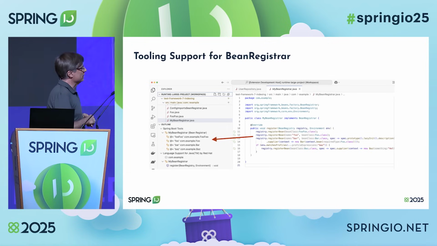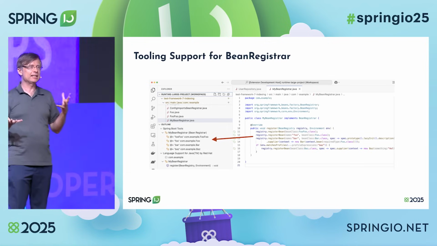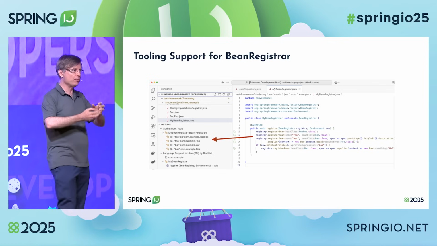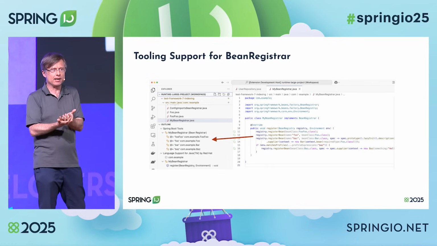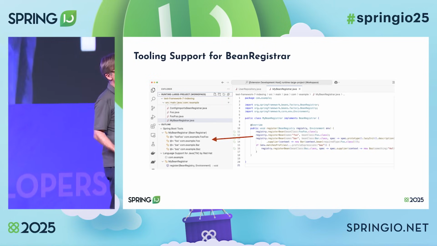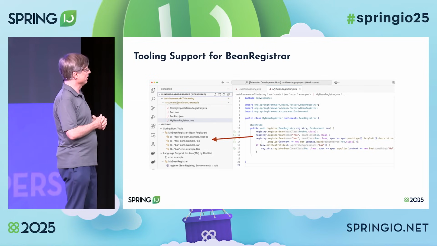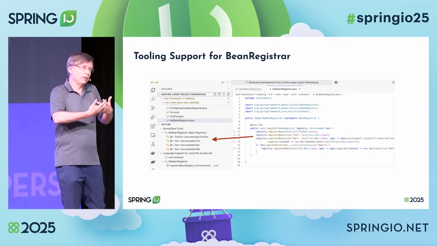The other benefit with bean registrar is also tooling, right? It's a standardized format of expressing programmatic registration in a self-contained reusable class, your bean registrar implementation. Tooling knows what to do with it. So with all common tooling that we are involved with, we actually make the tooling aware of what the bean registrar does.